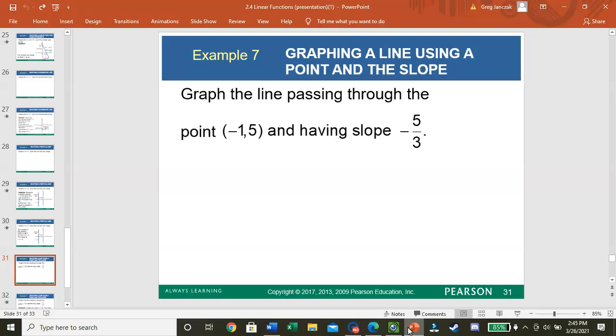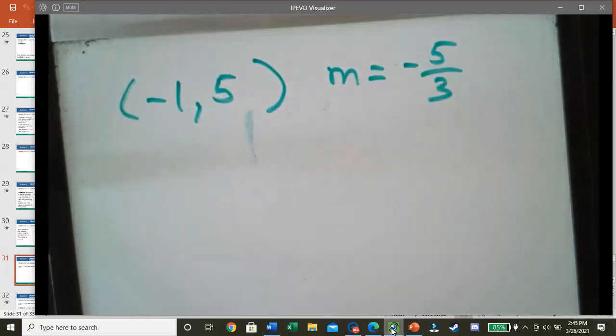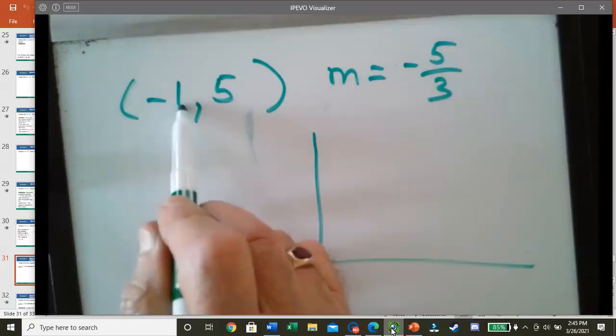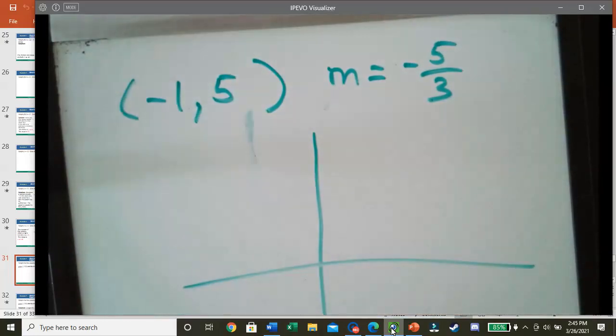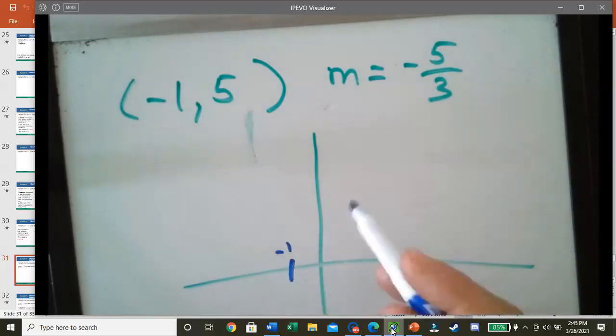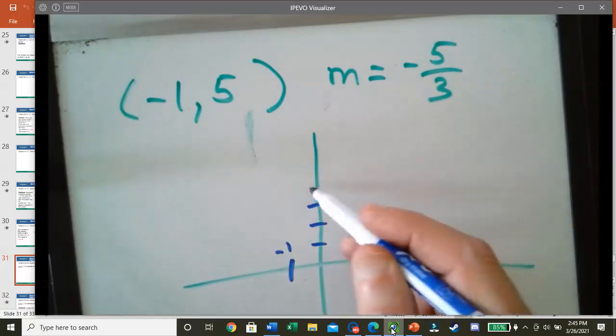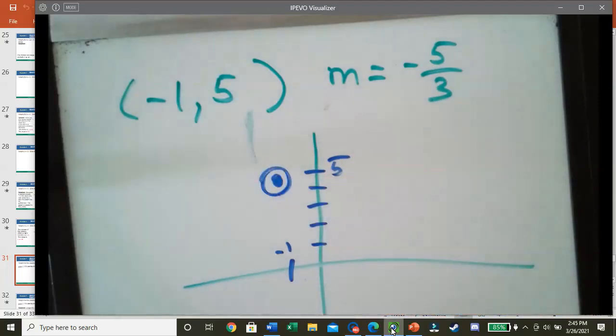Okay, so in this case, what we do here is we start with this point. We don't have a y-intercept, but we do have a point. And that point is at x is -1, y is 5. So we plot that point, -1, 5.